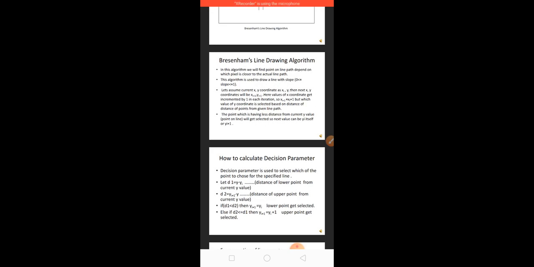Else if d is not less than 0, then x equals x plus 1, y equals y plus 1, and the new d is d plus 2 dy minus 2 dx, and increment i by 1. If i is less than dx, then the process is repeated, and whatever x and y values you get, just plot those points and you will get the actual Bresenham's line drawing.